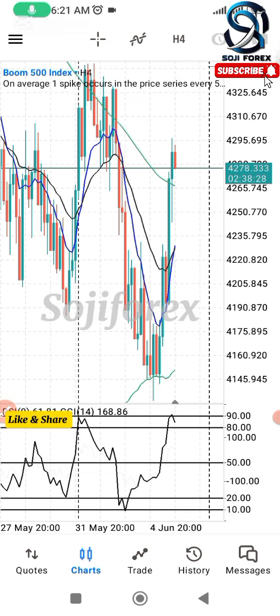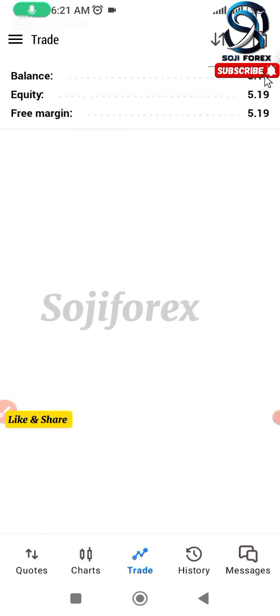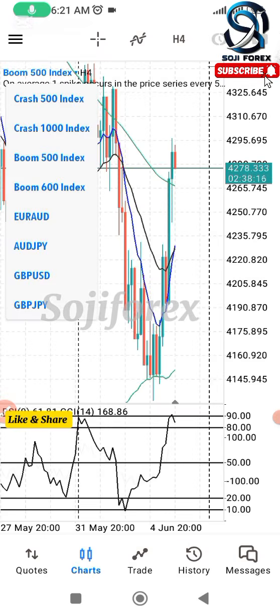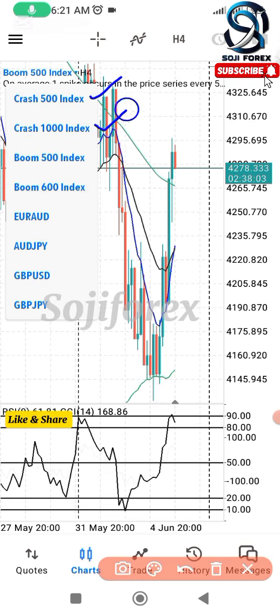So what asset can I trade? You can look at my account size. My account size is $5.19. Now what asset can you trade using this particular account size? You'll be trading only two assets of the Boom and Crash, which are Crash 500 and Crash 1000.